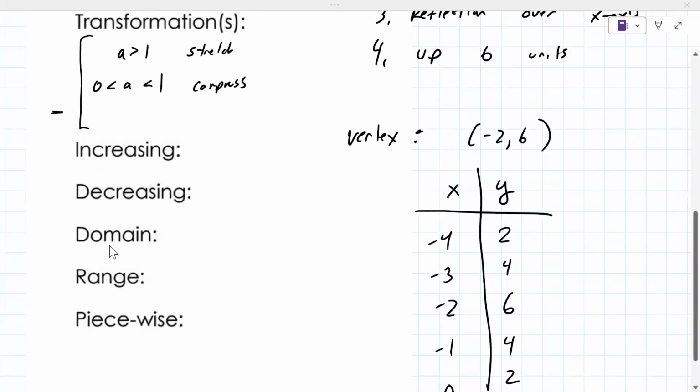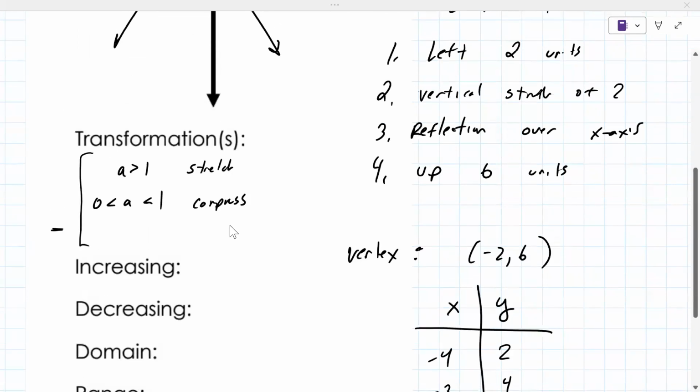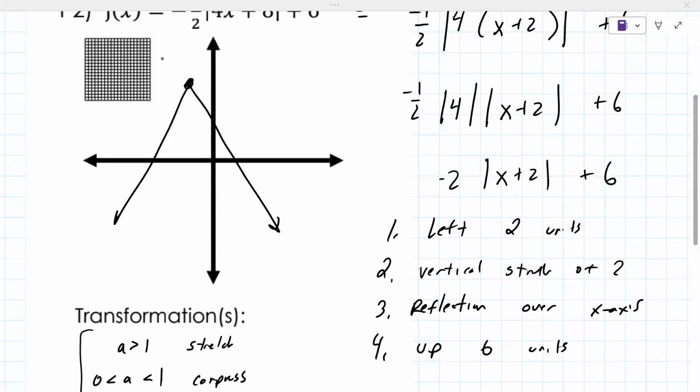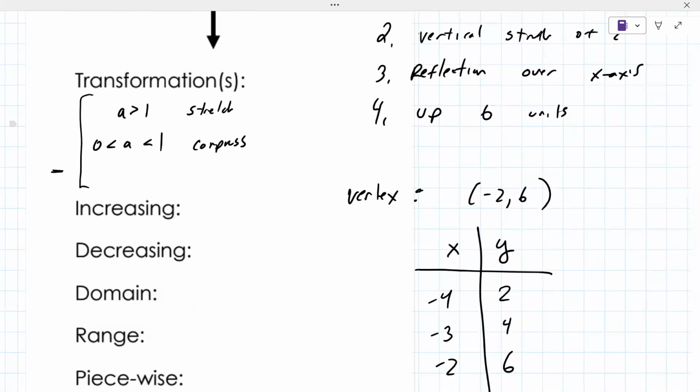Now the increasing, decreasing, domain, and range all come from the vertex and the graph here, which I didn't even put the vertex in. If you could give me the increasing, decreasing, domain and range, that would be really good. So the increasing would be here.